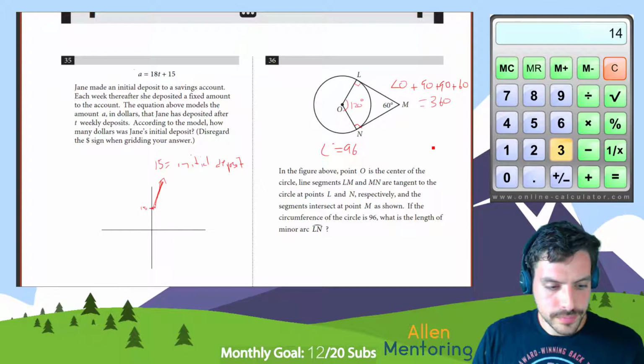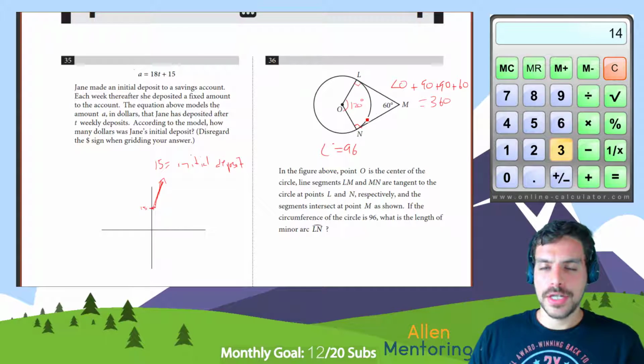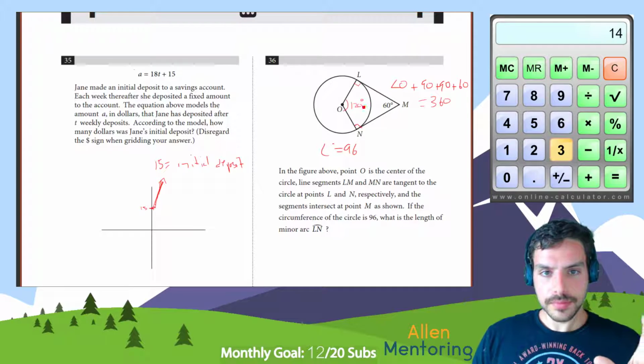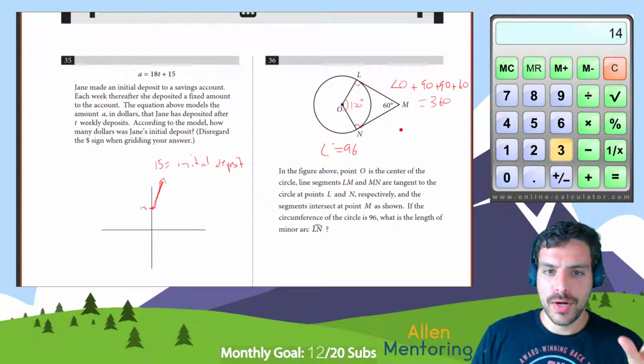All right, so how did that help us? Well, we see if LN is 120 degrees, what fraction of the entire circle is it? It's 120 degrees out of a total of 360 degrees in a circle, right? So that means that LN is 1/3 of the entire circle.